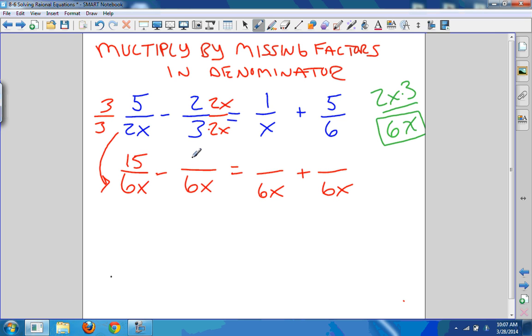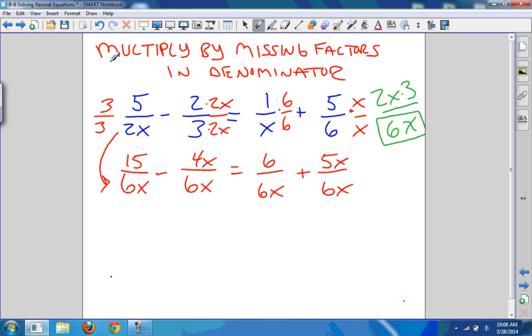So we can multiply both by 2x, and 2 times 2x is 4x. Here we're missing a 6. 1 times 6 is 6. And this last fraction, it looks like it's missing an x. So we'll multiply by x over x, and my numerator becomes 5x.